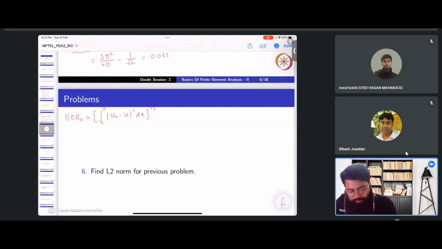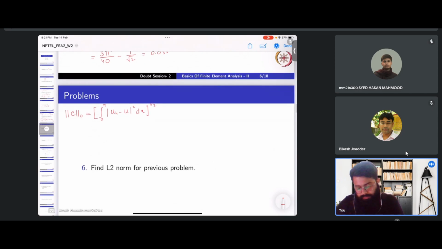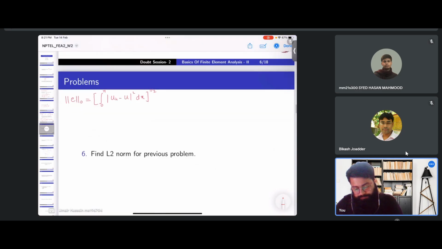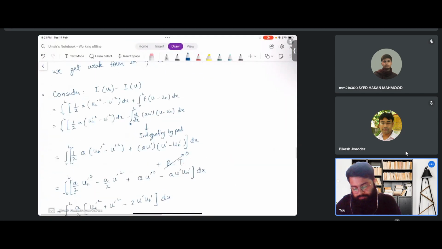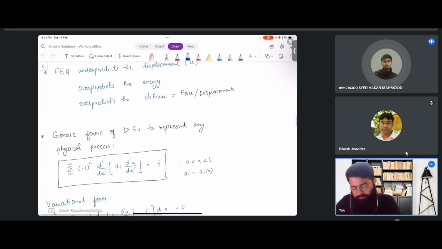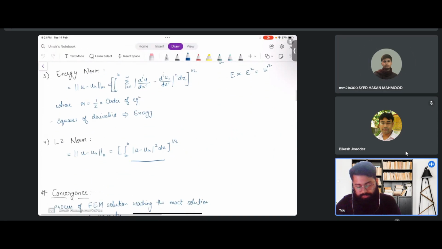We take square root of this. I hope this is the formula. I don't remember it very well. So let's check it. Yes, I think it's correct. Okay, thanks.